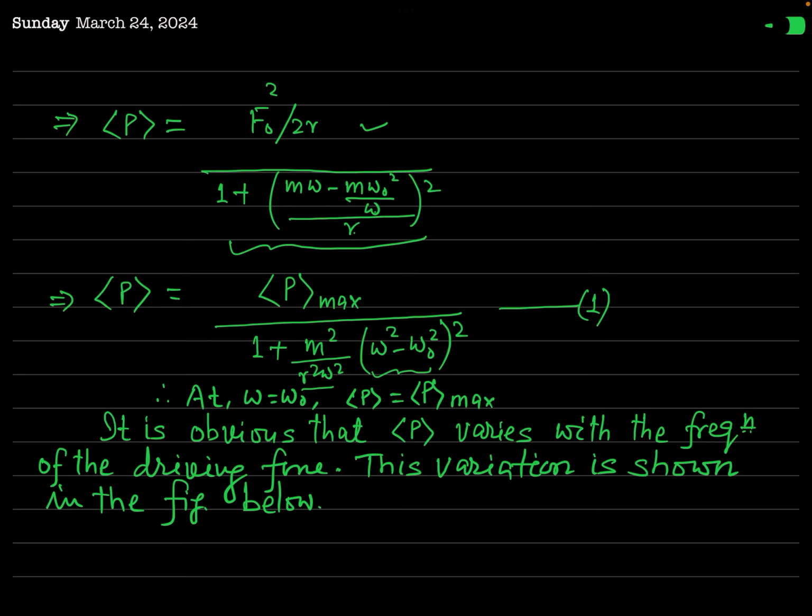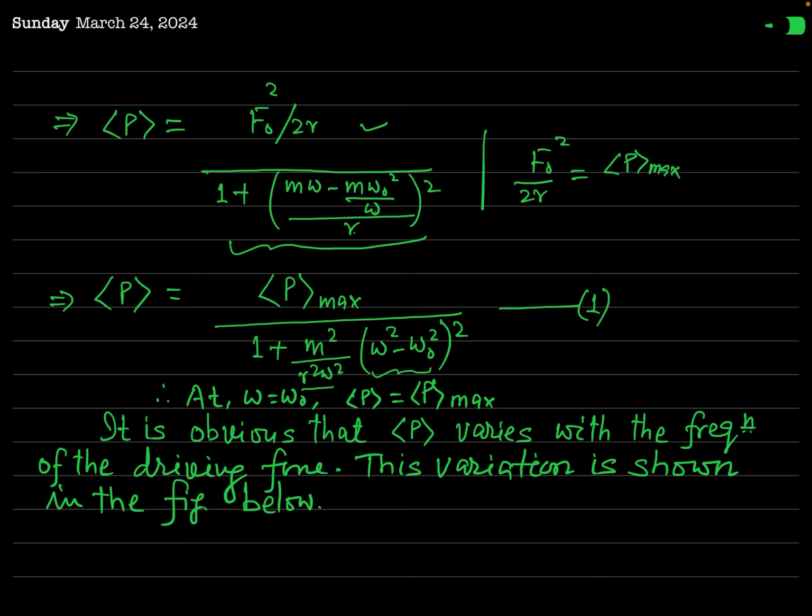As we have learnt in the previous lecture, in my lecture on power calculation by the oscillator from the driving force, this F naught square over 2R is simply the maximum value of the power extracted by the oscillator from the driving force.